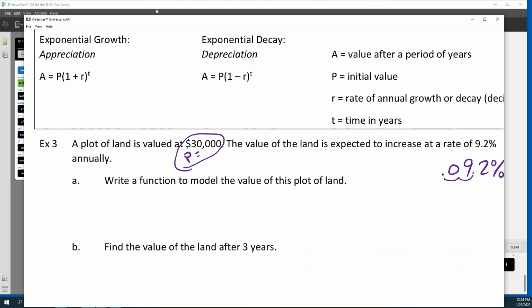Okay. Now we're going to write a function to model this value. It didn't tell us to call it a certain thing, so I'm just going to go ahead and use A like the original. So A equals whatever the initial amount is. And then because this increases, we're going to do the equation with the plus, 0.092 raised to the t.